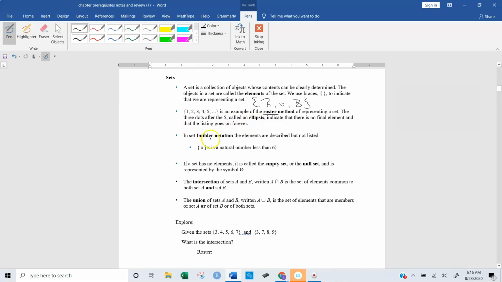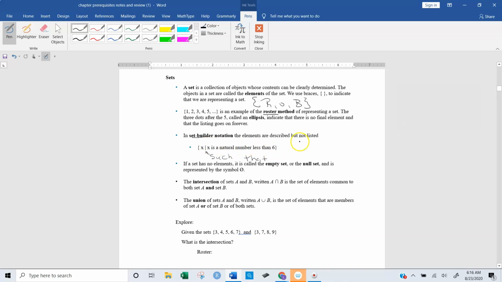Okay, set builder notation is another type of notation. It's read X, so that's a variable. This line is read such that. All right, X such that X is a natural number less than 6. That means it's every number less than 6, and a natural number starts at 1.